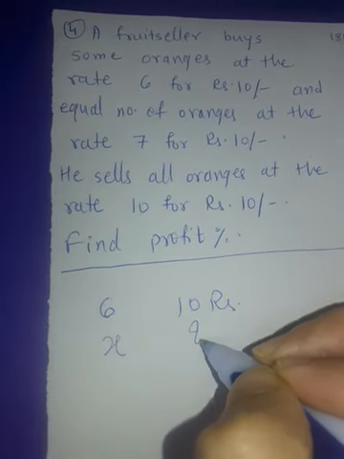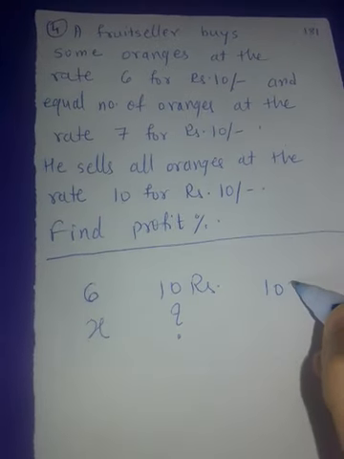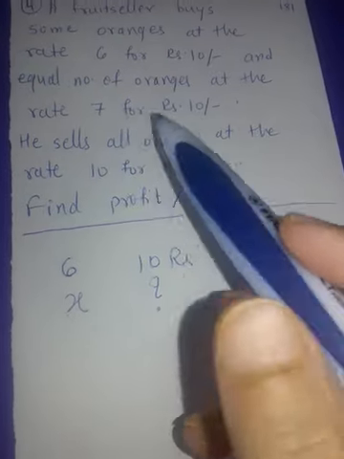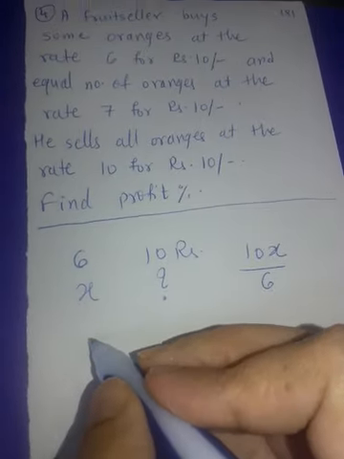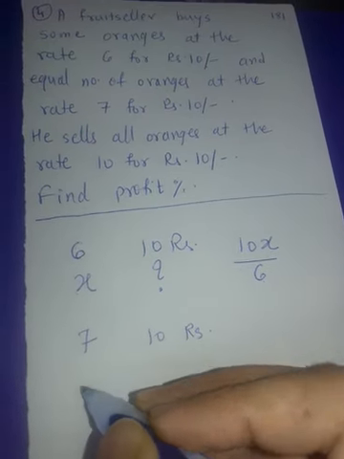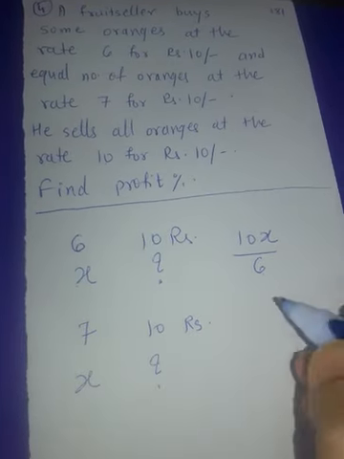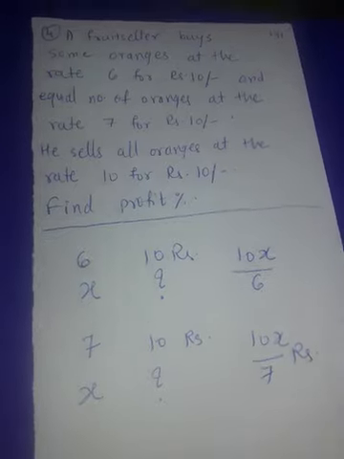X oranges for how many rupees? This into this divided by this. So 10x upon 6. The other quality oranges also he bought X oranges because of equal number of oranges. 7 oranges for 10 rupees. X oranges for how many rupees? This into this divided by this. So 10x upon 7 rupees.